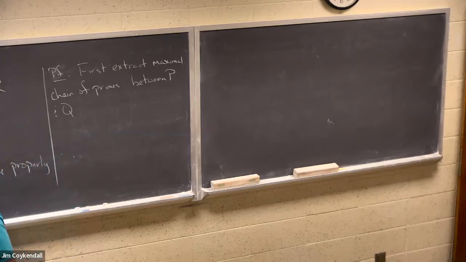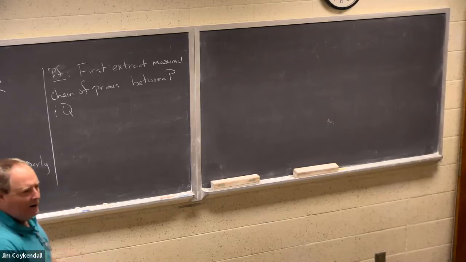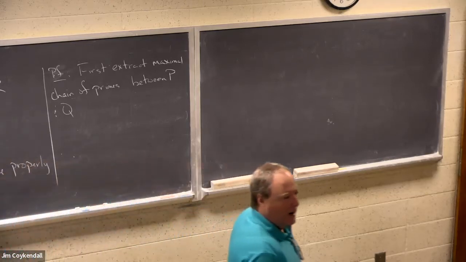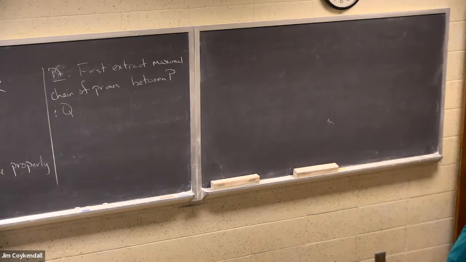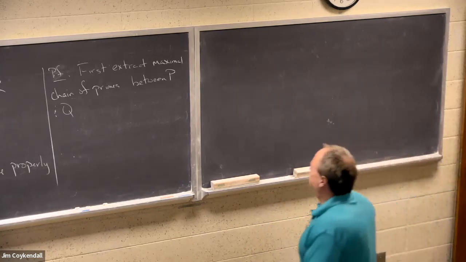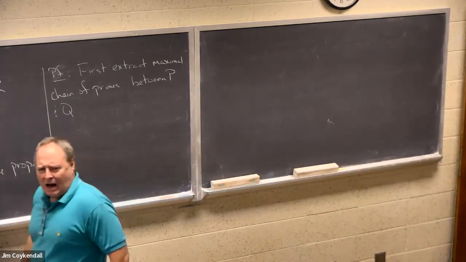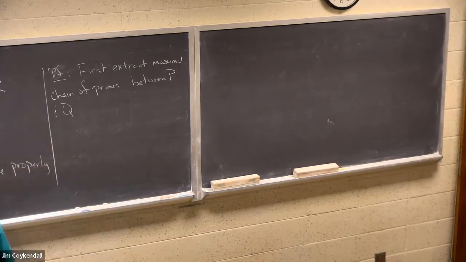The first thing that I claim, and I don't really prove in the notes, but we'll go through it here, is that there's a maximal chain of primes between P and Q. How would we show such a thing? That's kind of the key for any kind of argument like this.